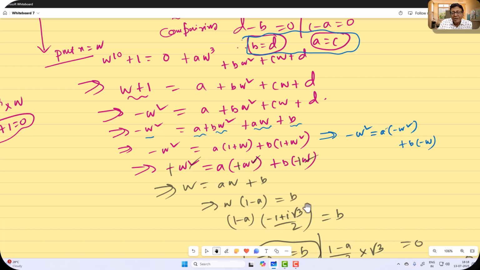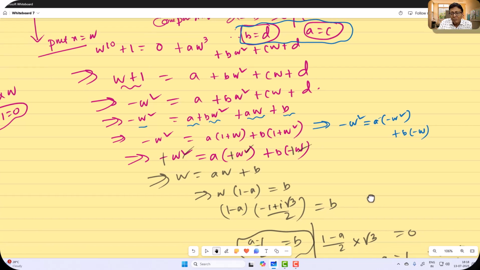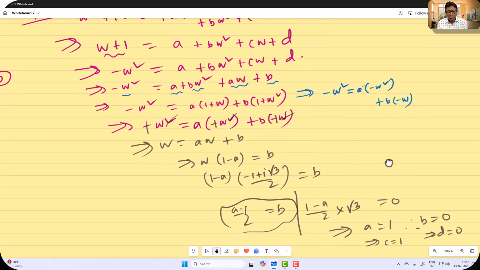1 minus A, omega you take minus 1 plus I root 3 by 2 equal to B. Then go for comparison. You write A minus 1 by 2 plus root 3 by 2 1 minus A into I equal to 1 into B plus 0 into I. Isn't it?